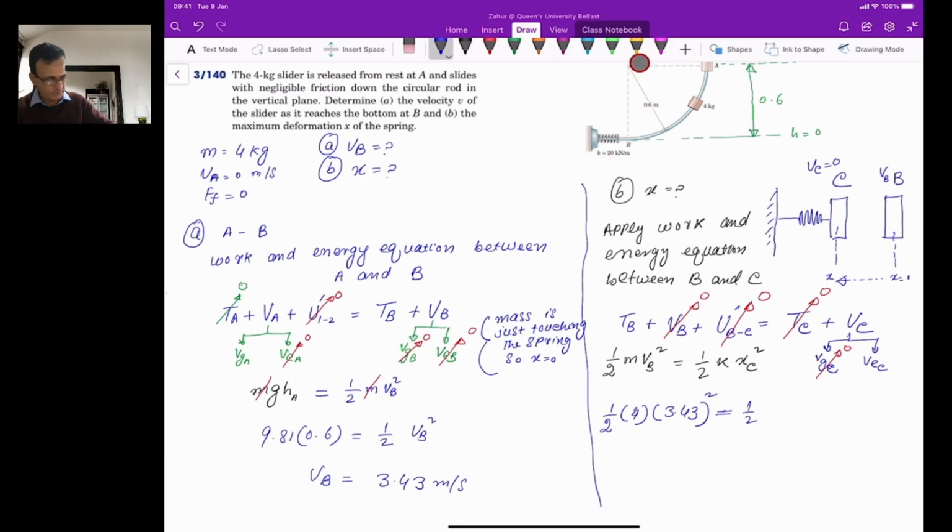So this means that it is 20,000. And then xc square, which is unknown. So from here you can calculate xc, which will become 0.0485 meter. You can say it will become 48.5 millimeter.